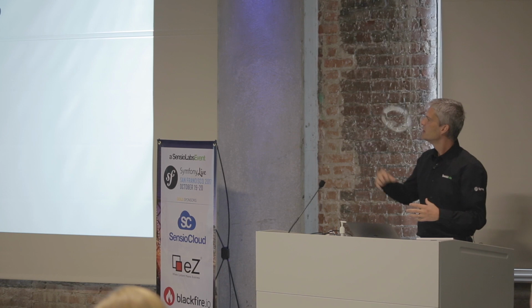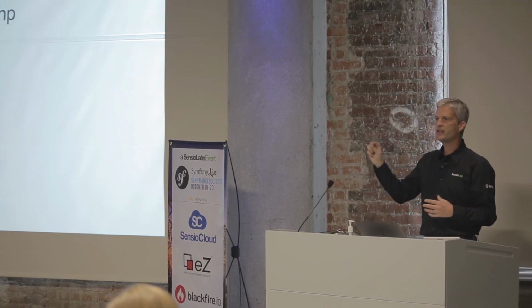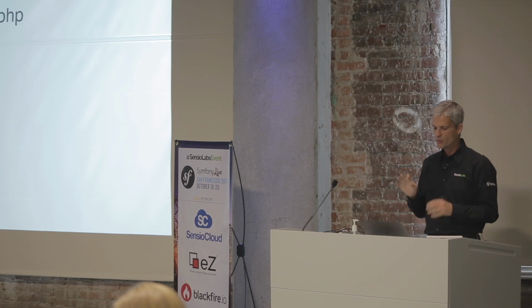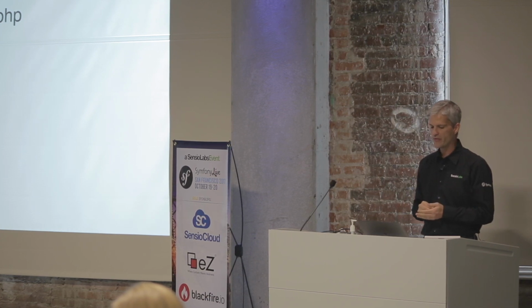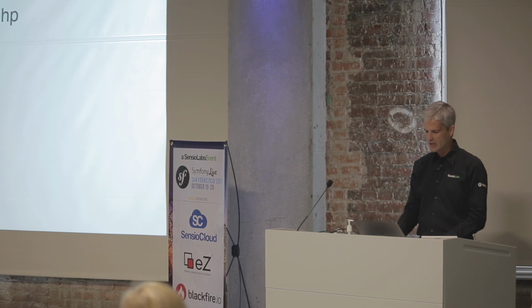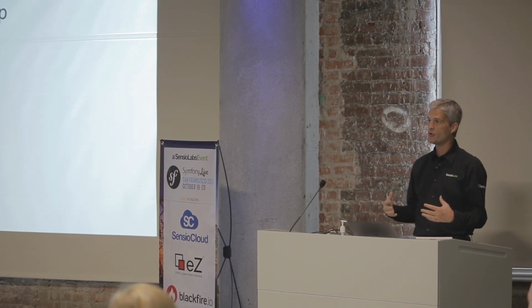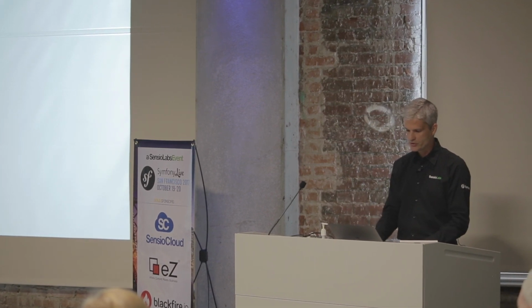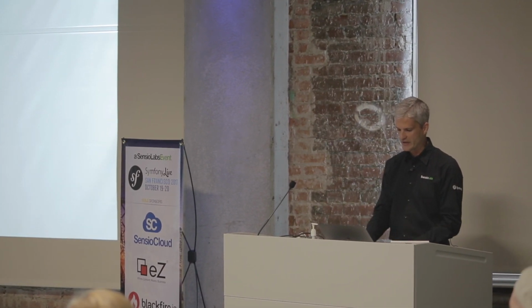So the fact that now it's named routes.yaml, I think it's easier to understand what you need to put in these files. We did some tweaks like that. That's really about small things, but I think especially for newcomers, it's going to be much easier to understand the directory structure of Symfony and the different files.